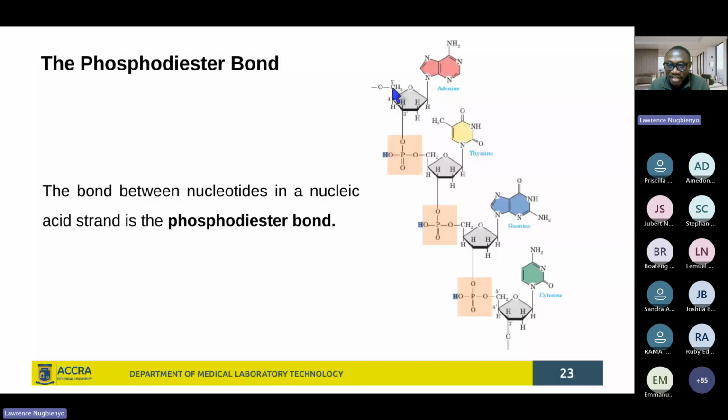Because take note that the phosphodiester bond is between carbon number 3 of the first nucleotide with adenine and carbon number 5 of the nucleotide below it, thymine. And you see all the bonds are between carbon number 3 and carbon number 5. Carbon number 3, carbon number 5, carbon number 3, carbon number 5.